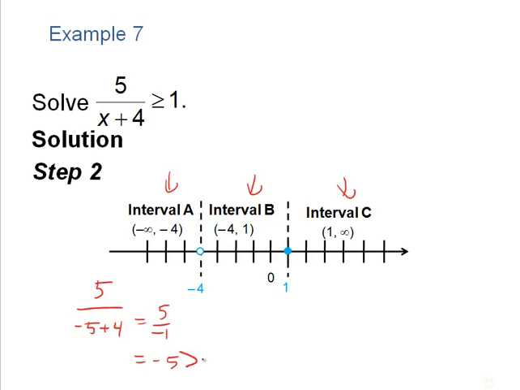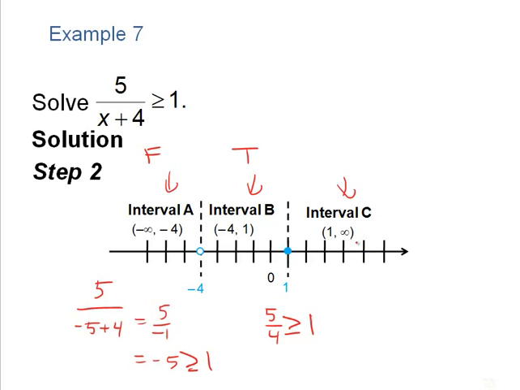Is it true that -5 is greater than or equal to 1? Nope, false. That interval doesn't work. Then pick a number in the next interval. Any interval that contains 0, 0 is the best one to pick because if you plug in 0, you just get 5 over 4. Easy peasy. Is that greater than or equal to 1? Yeah, 5/4 is bigger than 1, so this one's true. Yay, we found where it works.